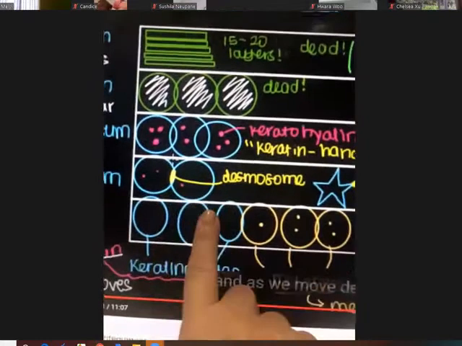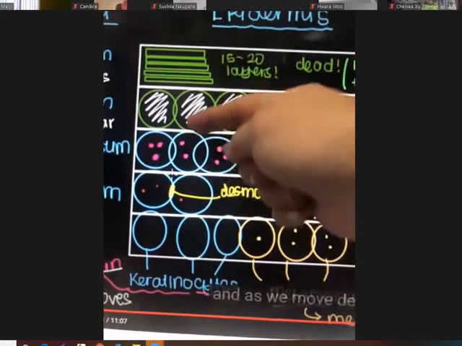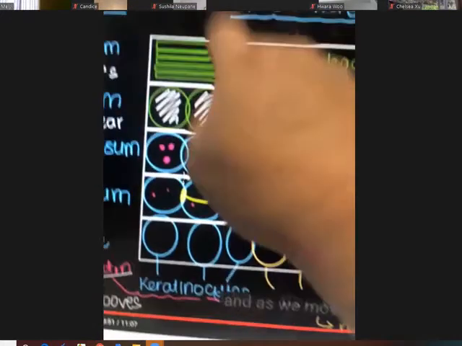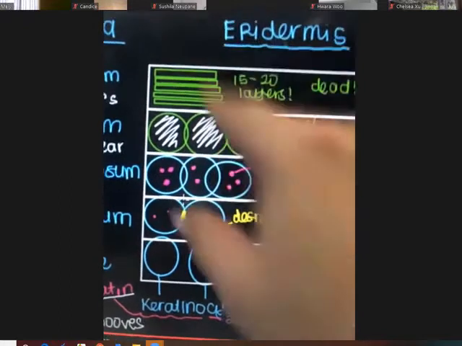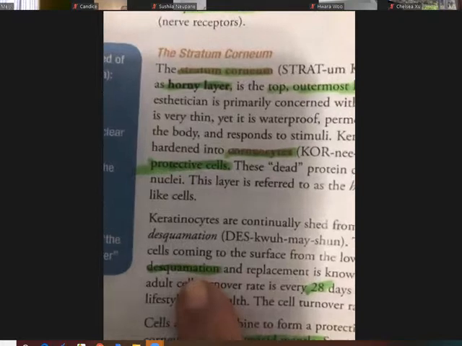These cells are replaced by new cells coming to the surface from the lower stratum. You can see that new cells produced here move up to here, and by the time they travel up to here, they're already dead. This process of desquamation and replacement is called cell turnover.